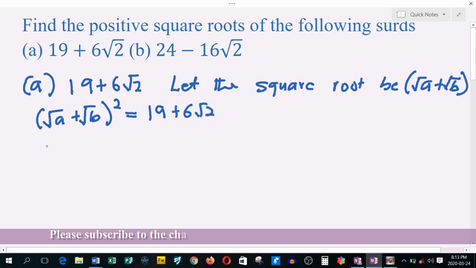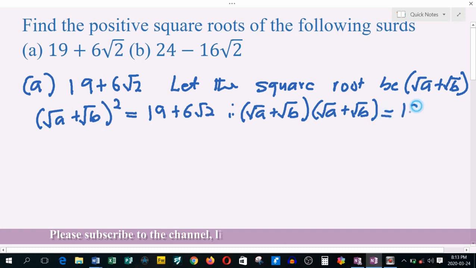So we have to expand root a plus root b into root a plus root b. This must give us 19 plus 6 root 2. So root a times root a will give us a. Root a times root b will give us plus root ab.